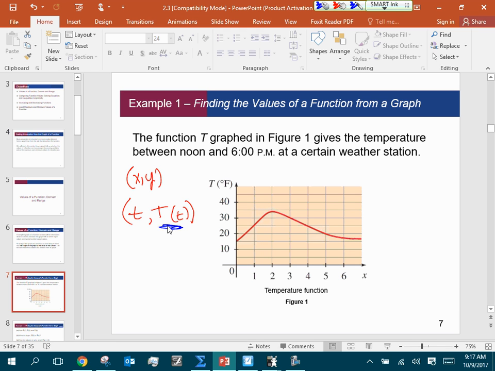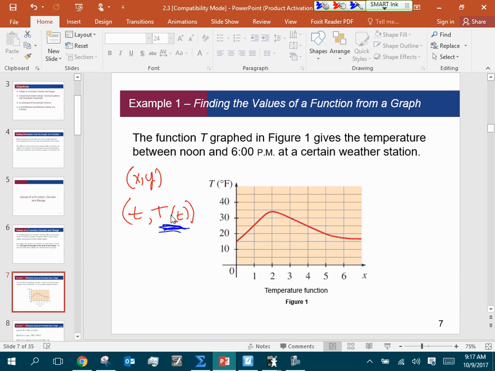If I wrote something like this instead of y, it tells me that this thing here is a function. Does that make sense? It doesn't matter what letters they use. We're going to use things that are indicative of the experiment or what the quantities represent inside the problem. So capital T represents temperature. Lowercase t represents time. But temperature is a function of time.